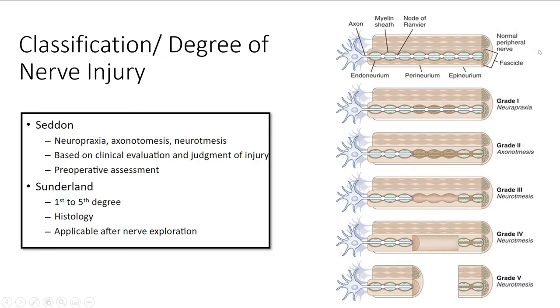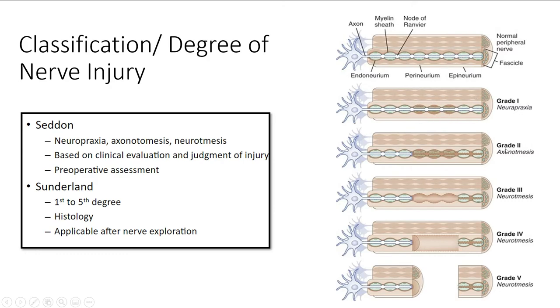In this picture you can see a normal nerve fiber. Seddon and Sunderland are not so different, but Sunderland further classifies on the basis of the severity of the injury. In the first part, grade 1 is the neuropraxia. We will discuss all these step by step.